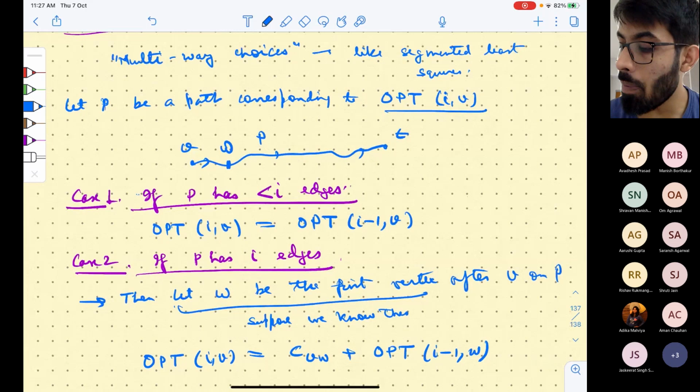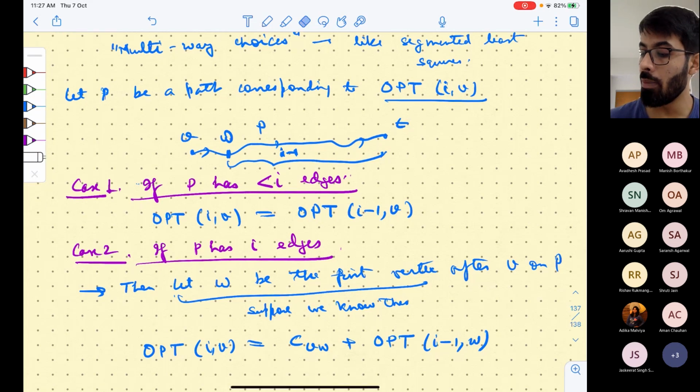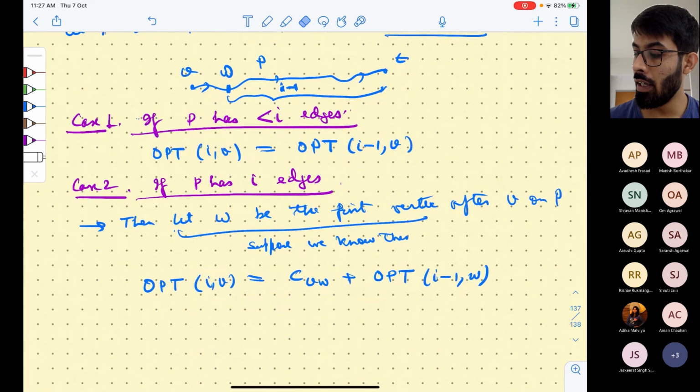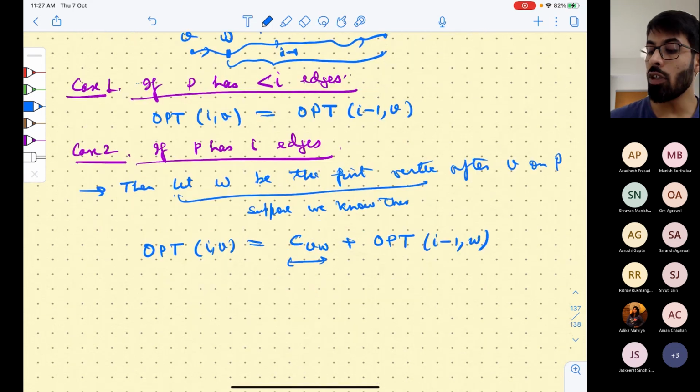Because now this is a path of length at most i minus 1 from w to T, which has already been stored in opt of i minus 1 comma w, and then you add the cost of going from v to w. Any question about these two?